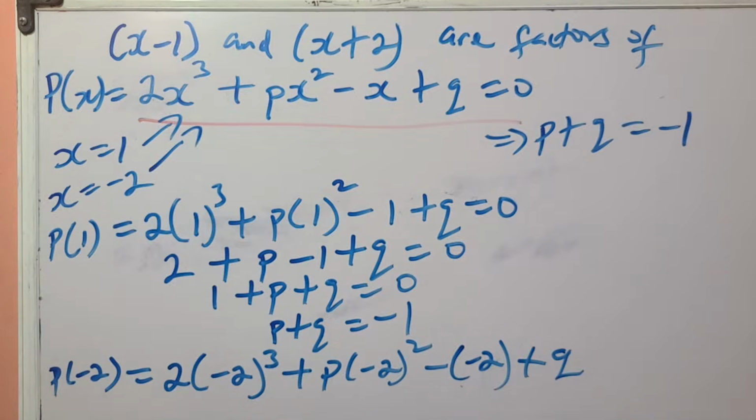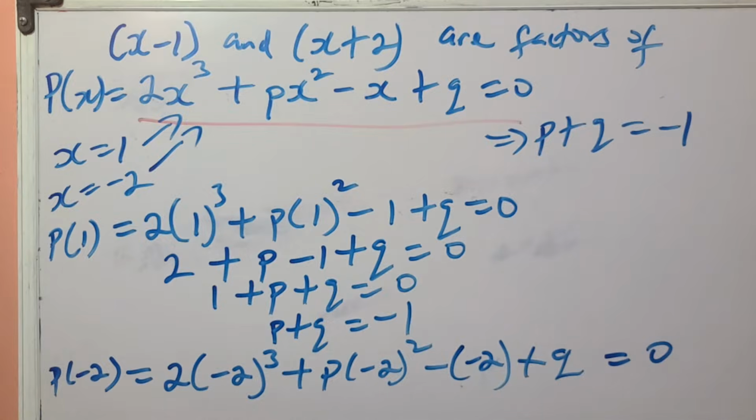Now, because it's a factor, all this must give me the value of 0. So that's just what we're doing. We're fixing the value of minus 2 into our polynomial. And since they told me that x plus 2 is a factor, fixing x equals minus 2 must give me 0 as my answer.